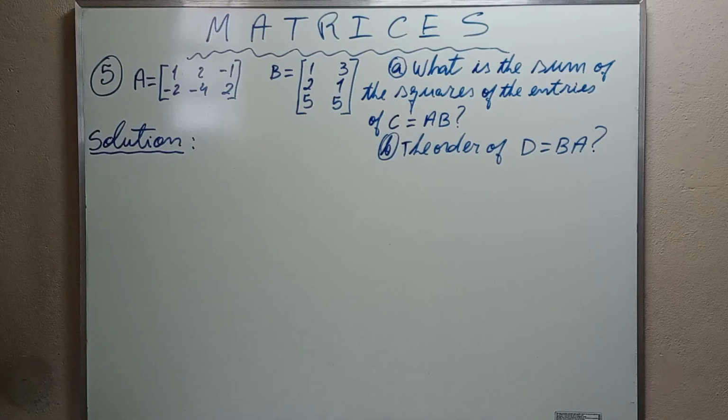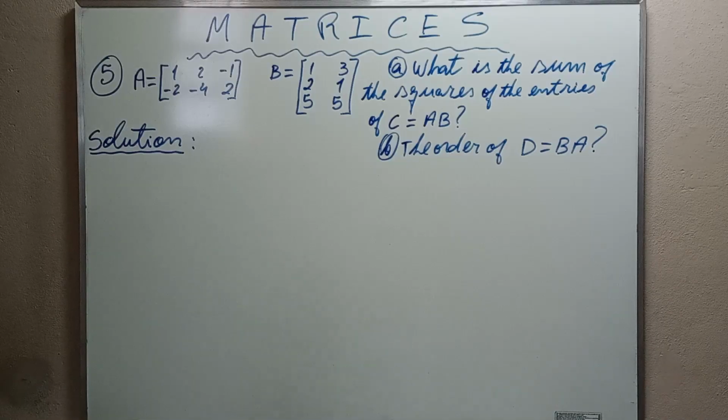To solve this problem, it is necessary to note that the multiplication of two matrices is possible only if the number of columns of the first matrix is equal to the number of rows of the second matrix, okay?